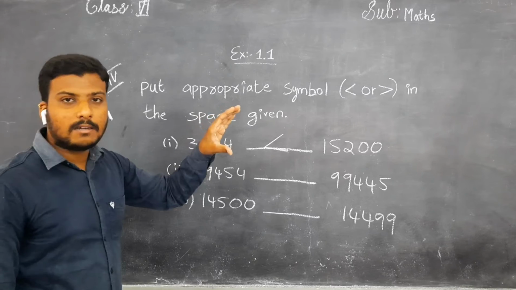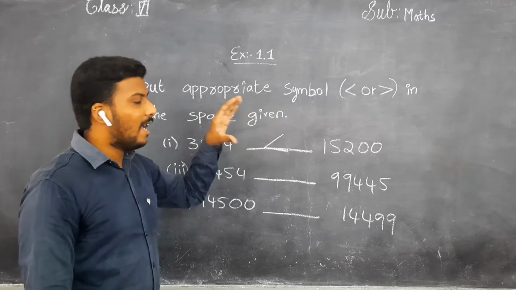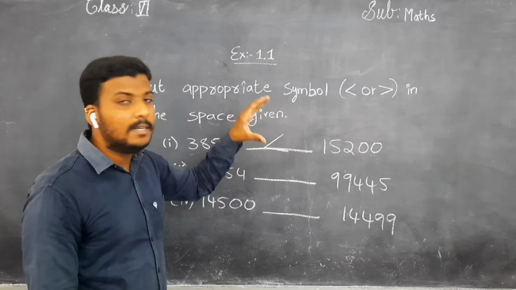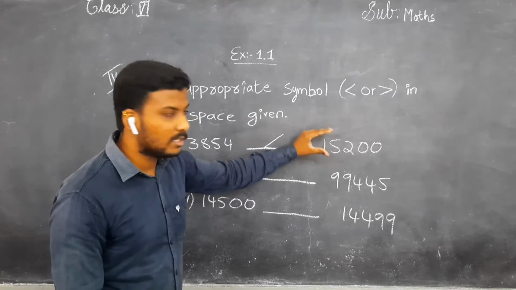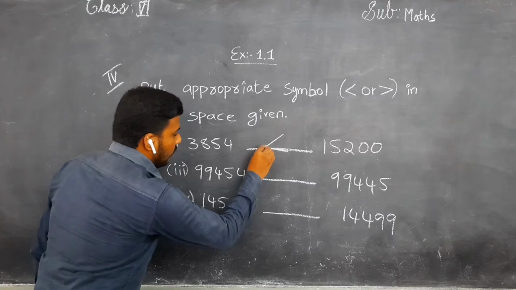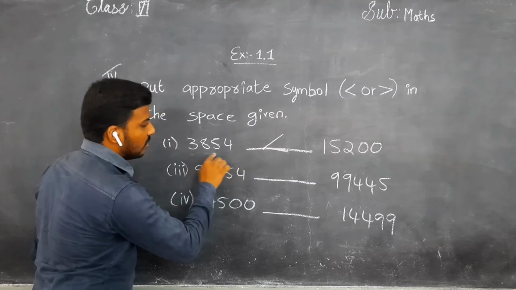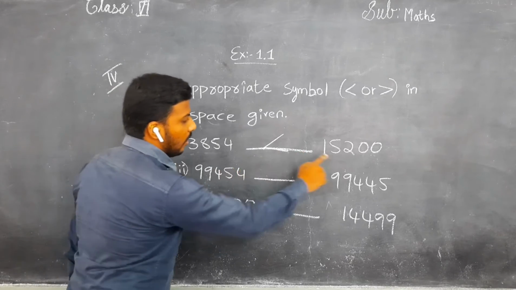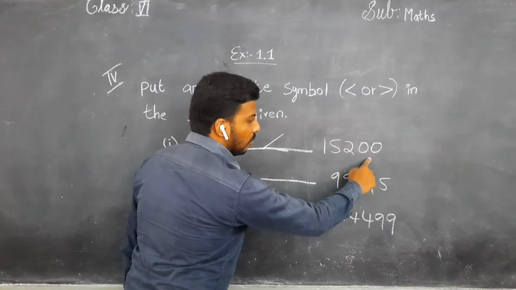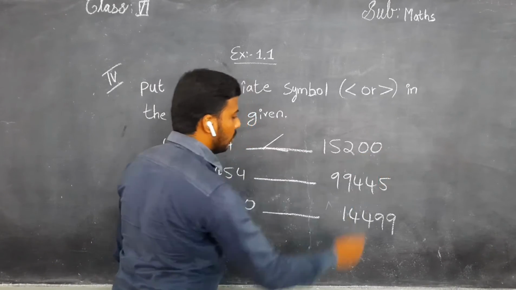You know the alligator. By looking at the alligator, it always wants to eat bigger numbers. So this point says this is the smallest number. Okay, 3854 is smaller than 15,200.